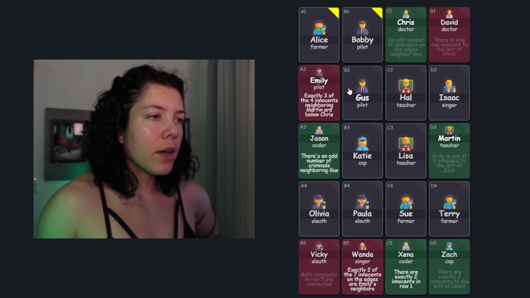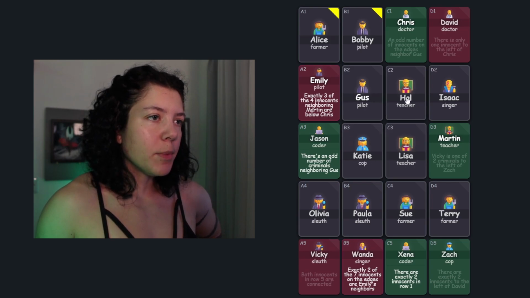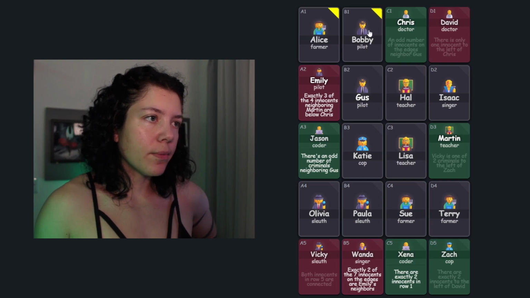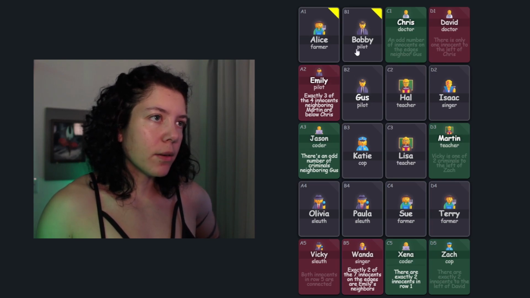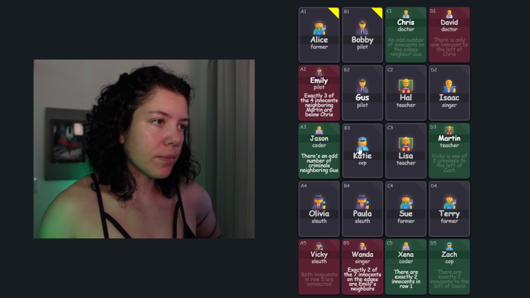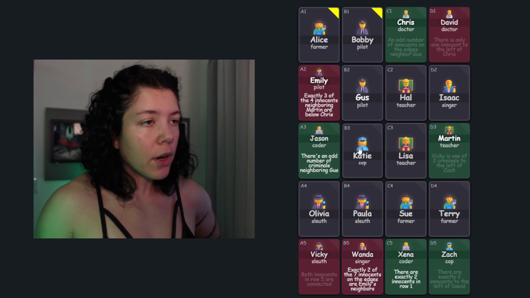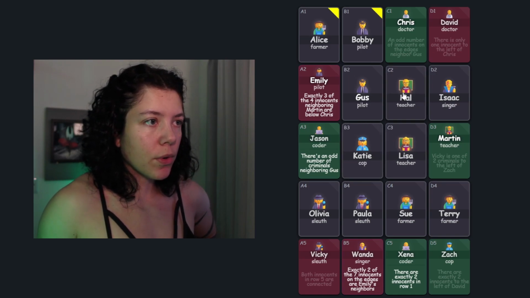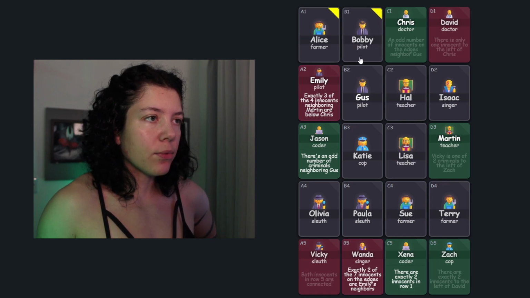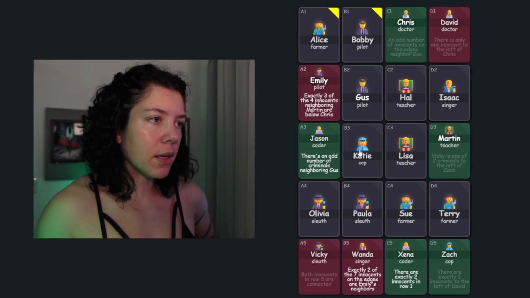We know that if all 3 of these people are criminals, then Gus will have an odd number of criminal neighbors. If not, then only one of them can be a criminal, because if 2 of them are, then Gus would have 4 criminal neighbors, and that would be an even number.